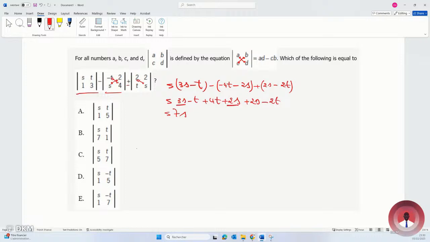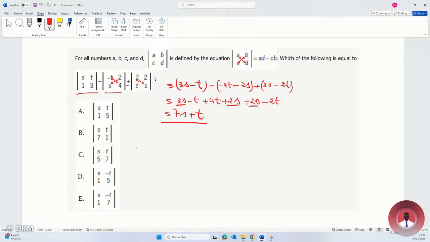For the t, minus t minus 2t is minus 3t, plus 4t will be equal to t. So 4t minus 3t is t.